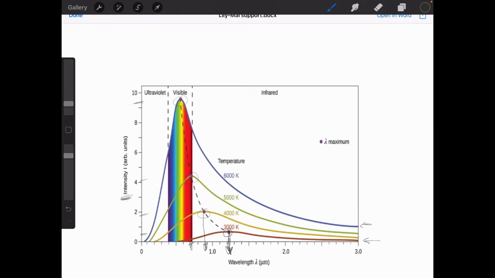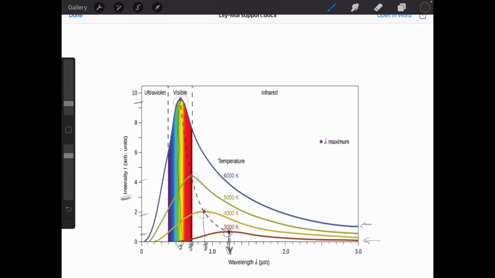So as the temperature increases, the peak wavelength decreases. And you can't state any more about the pattern of that from that graph.